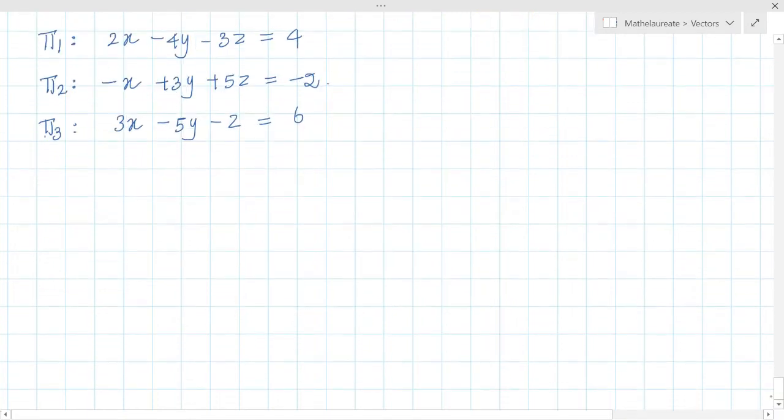First, let us make the coefficient matrix. As I said in my previous videos, instead of starting with 2, here I have one equation having the coefficient of 1 or negative 1. So first I'll use the first row with the second equation. The coefficients of the second equation are negative 1, 3, 5, and minus 2.